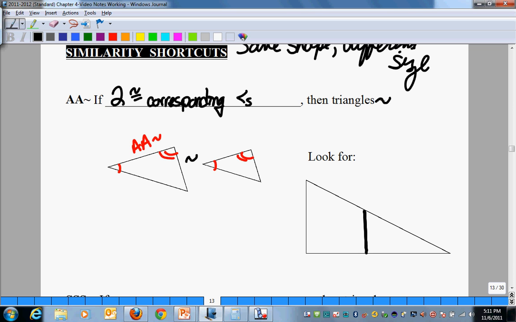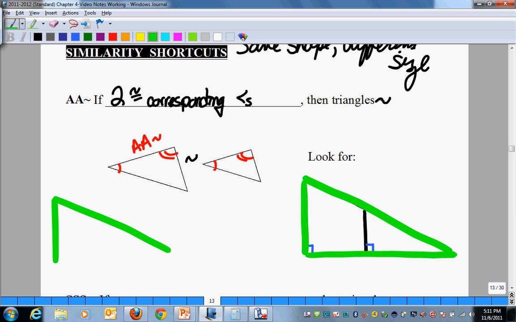Let's say here. So you were given a scenario in which you had 2 right overlapping triangles. In this case, we have a larger triangle, which I have in light green. I'm going to pull that out so it's easy to see. And I have a smaller triangle, which we have in blue.